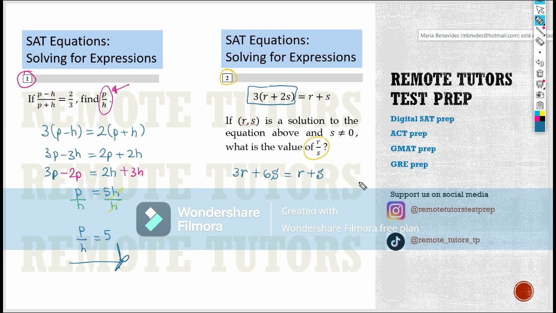So next move will be to put together all the s terms. And then we will put together all the r terms on the right side. r minus 3r.